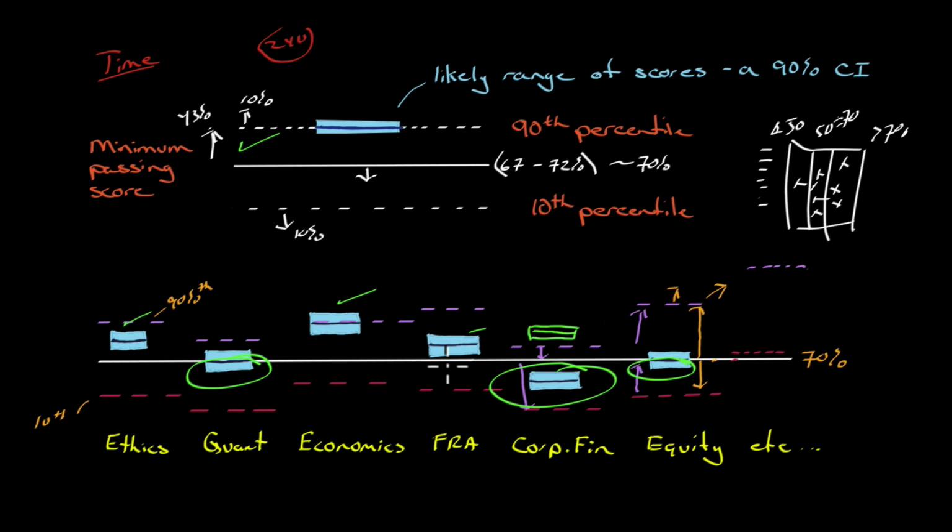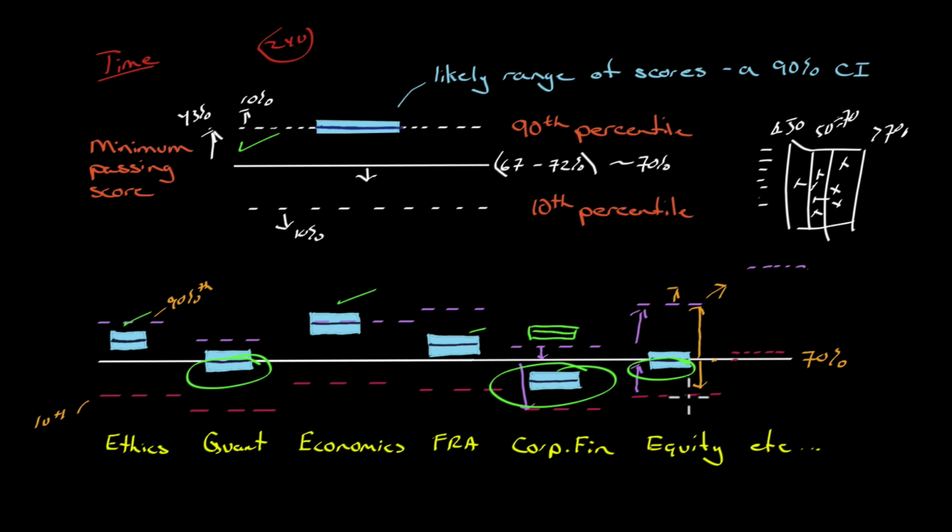So you know where you need work if you have to repeat. So again, that's your 90th percentile line. The closer it is to the 70%, it means the harder the section was for everyone. The further away it is, it means the easier it was for everyone.